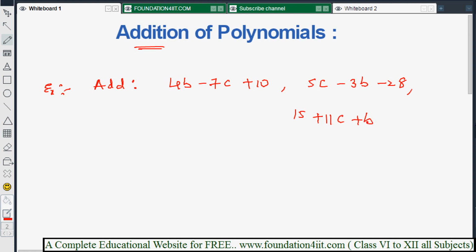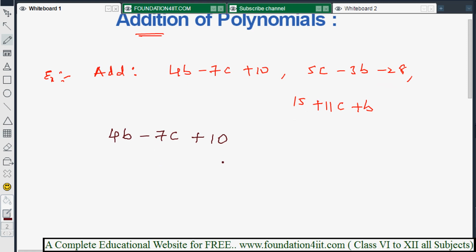Okay, three polynomials are given here: 4b minus 7c plus 10, and 5c minus 3b minus 28, 15 plus 11c plus b. So we need to add this first by making proper order, arranging in order. So for first question I am taking as this, the first polynomial 4b minus 7c plus 10. So first term is b variable and second term is c, variable is c, and third term is constant.